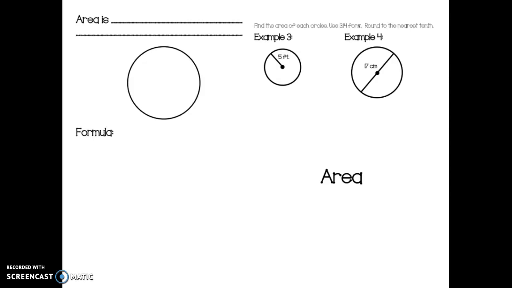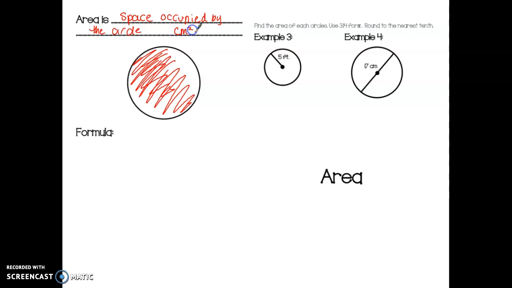And the last page is going to be the area. The area is the inside of the circle. It is the space occupied by the circle. It's two-dimensional. It's that space inside. So it could be measured in centimeters squared, square feet, inches squared.